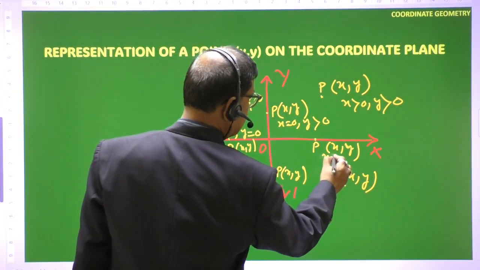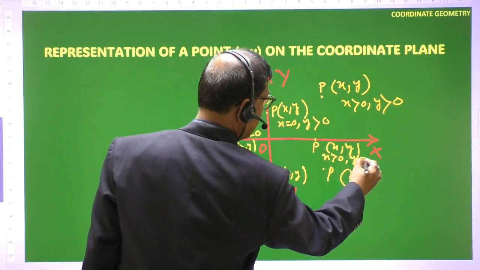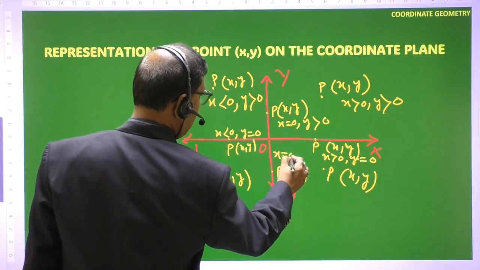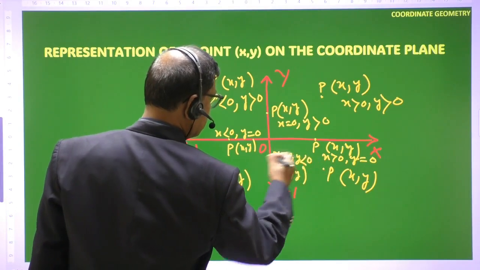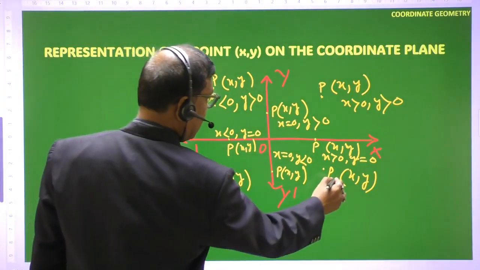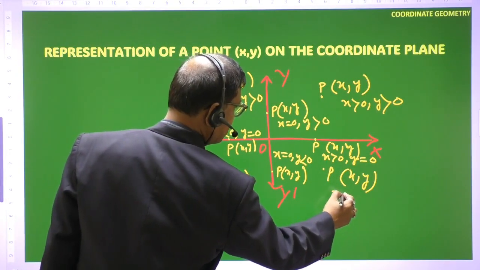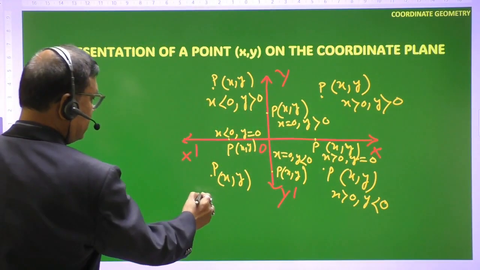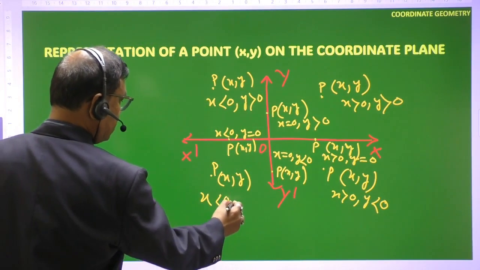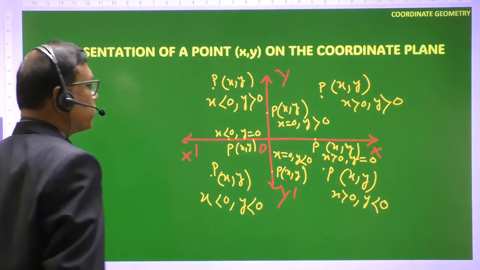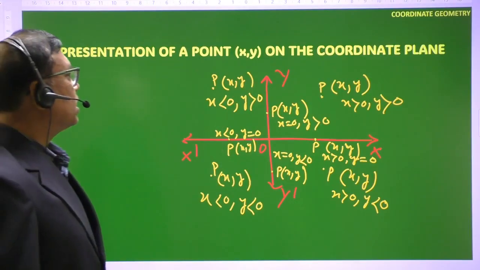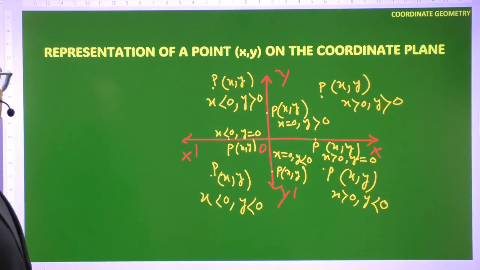Here x is greater than 0 and y equals 0. Here x is 0 but y is less than 0 for this point, and here x is greater than 0 but y is less than 0, and here x is less than 0 and y also less than 0. So these are the different positions of a point on the coordinate plane. Is it clear?